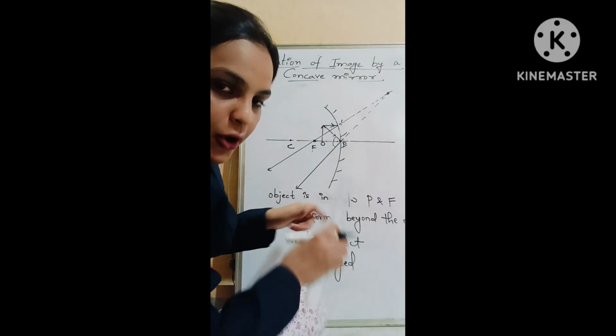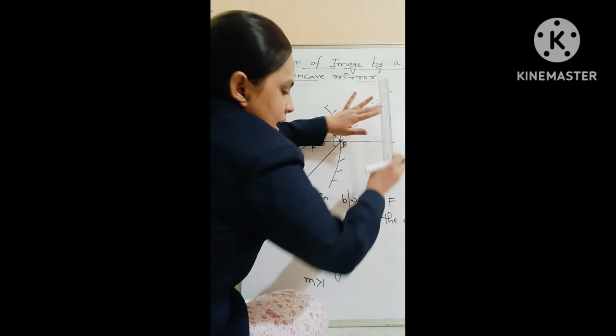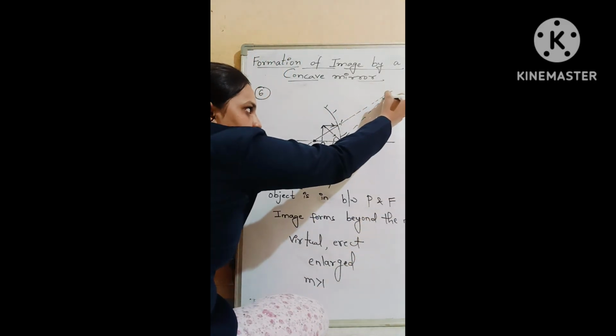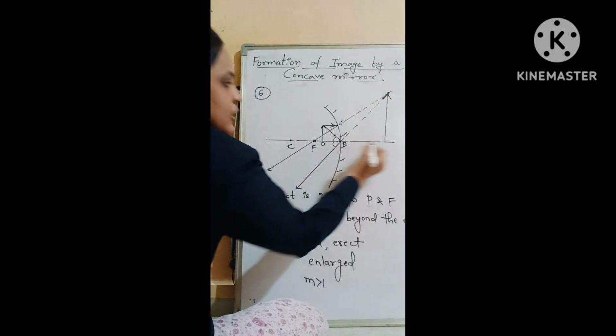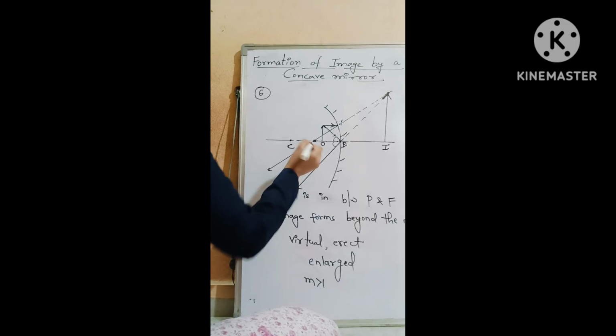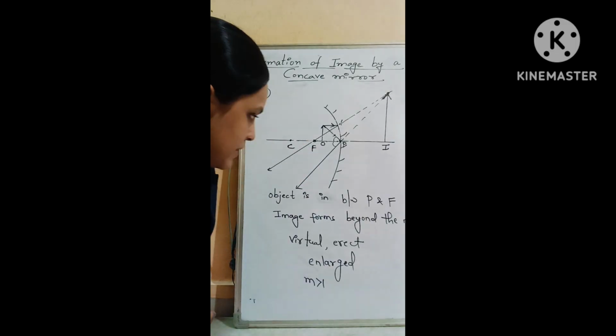At that point of intersection, you have to draw one vertical line as we did in the last 5 cases, and at this point draw the arrow mark. Now this is the object and this is the image. I already told you that if actual reflected rays meet, we get a real image.